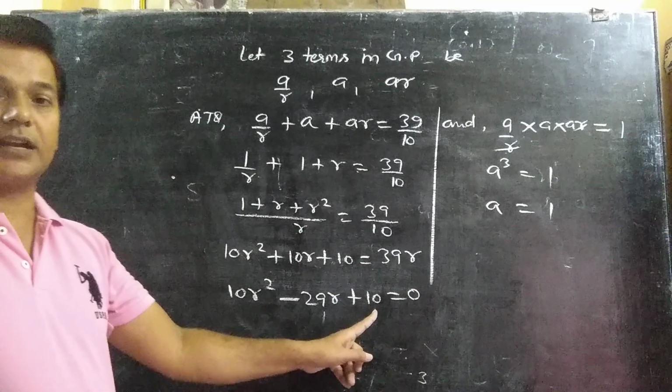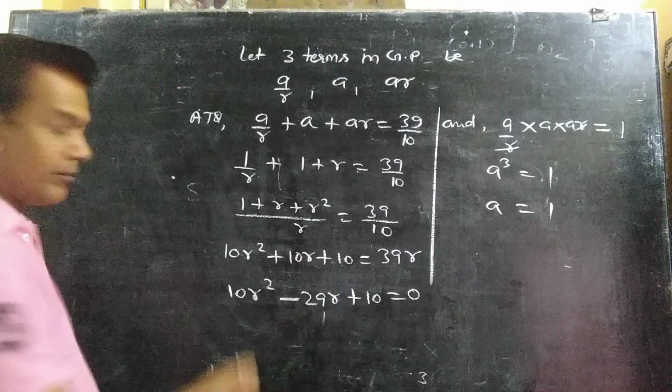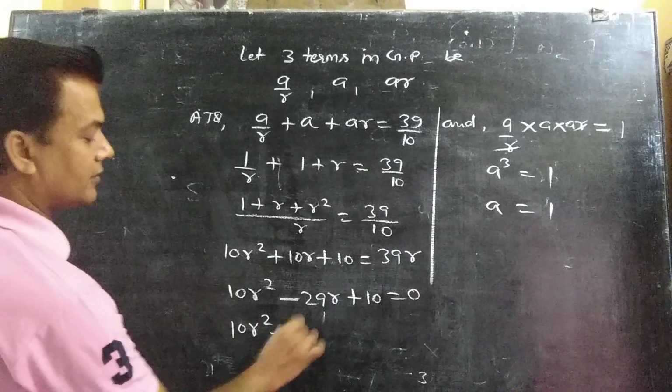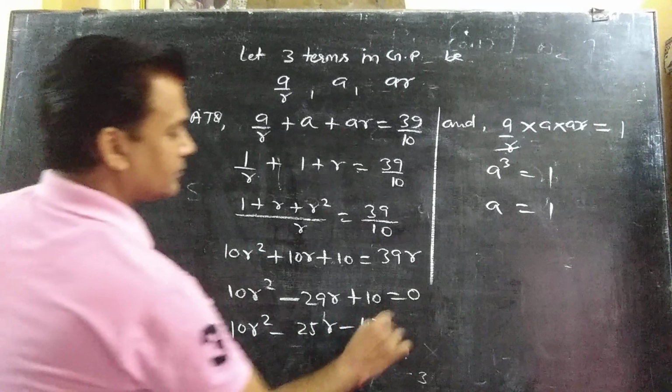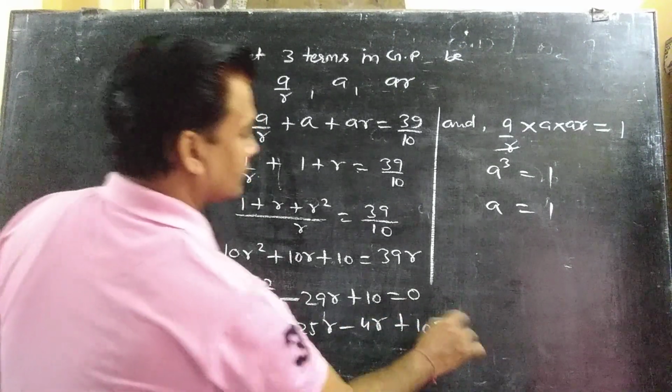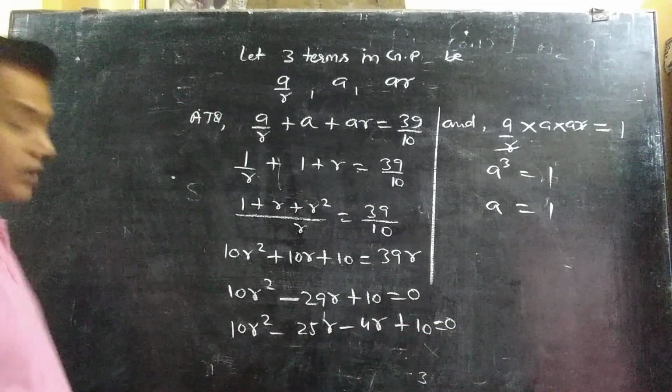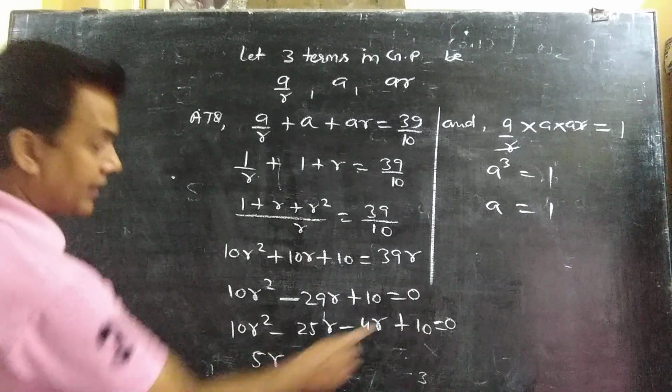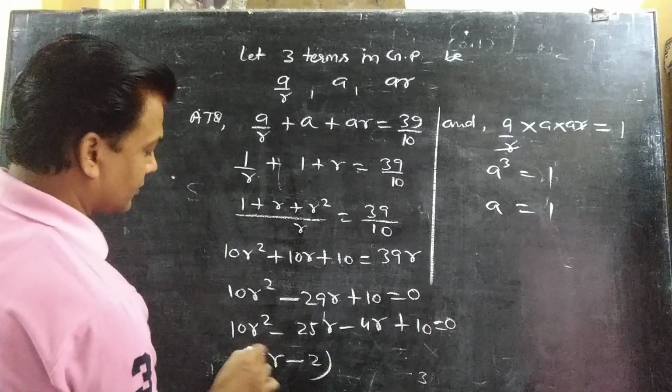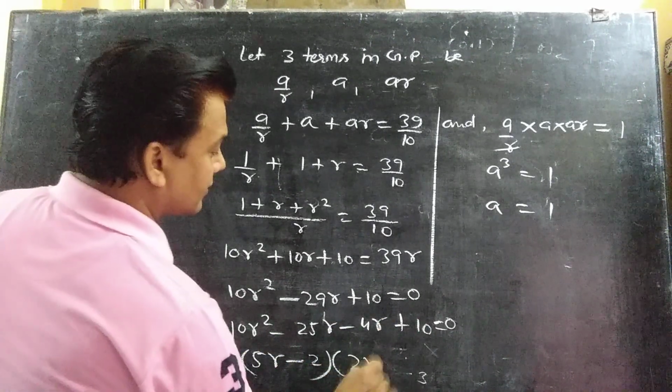10 10 ja 100, 25 4 ja 100. Middle term is splitting. Common between first two terms is 5R and next two terms is minus 2. Inside 2R minus 5.